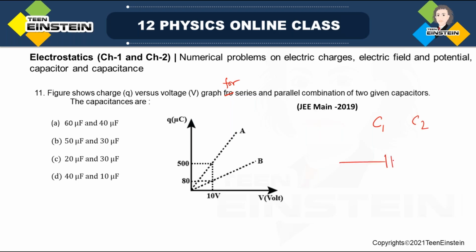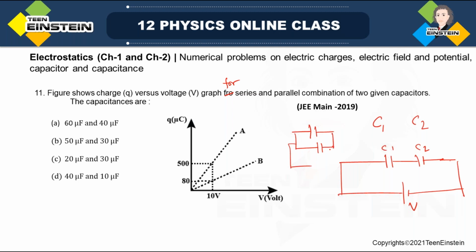Okay. So when they are connected in series, the charge stored in the combination of the capacitors is plotted against the voltage. Okay. And the charge stored in the parallel combination of the capacitors also has been plotted against voltage.